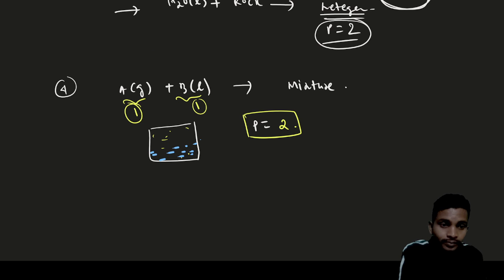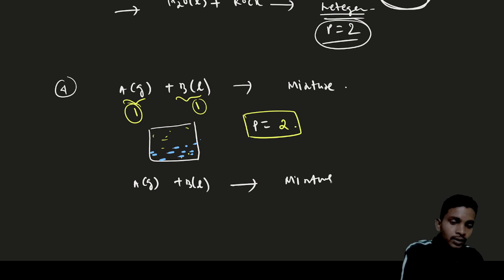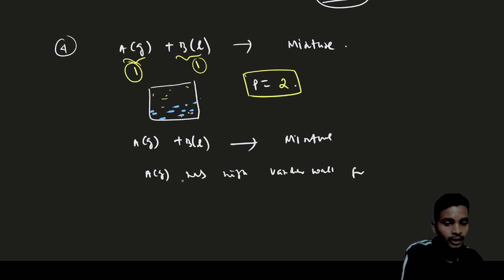But if he says that A is gas and B is liquid, and that is going to give a mixture, and A gas has high van der Waals forces, then high van der Waals forces means this A gas can easily liquefy.